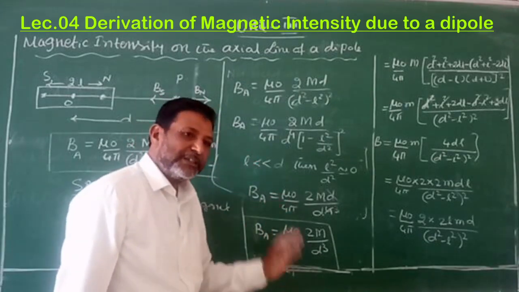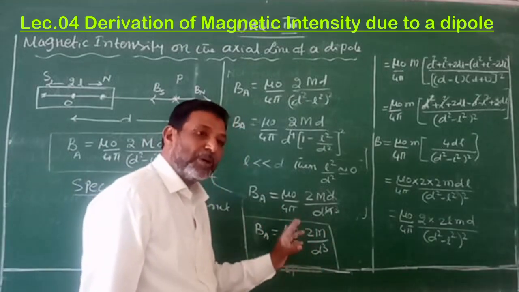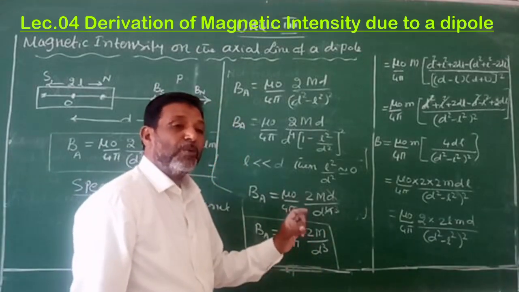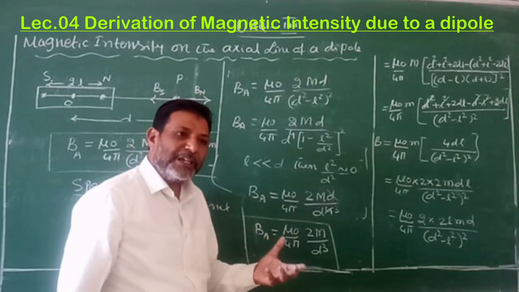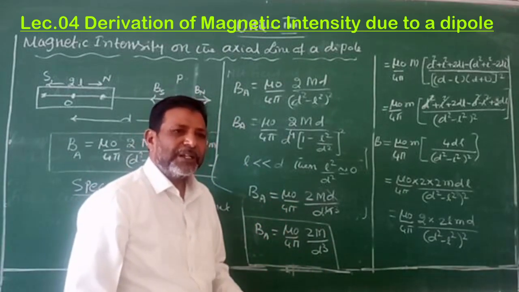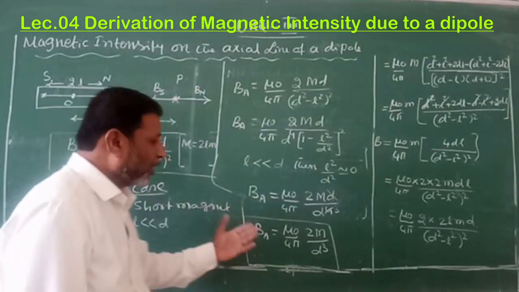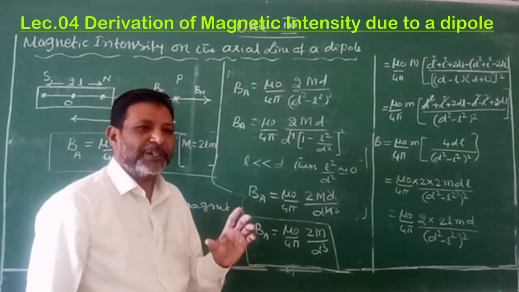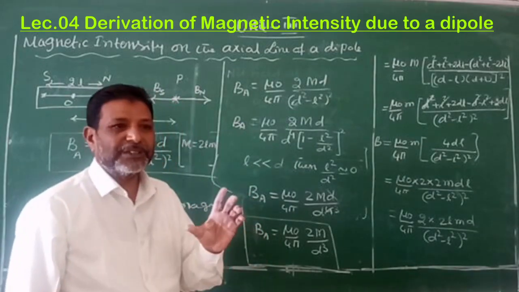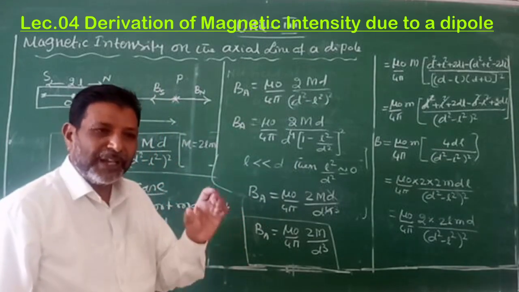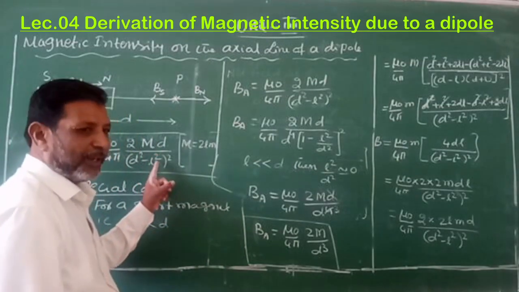Now, this is the special case. That means this formula has to be applied for a short magnet, isn't it? In problems, how do we get the idea of which formula to use? Listen here: if the length of the magnet is given in the problem, in such cases you have to use the general formula.